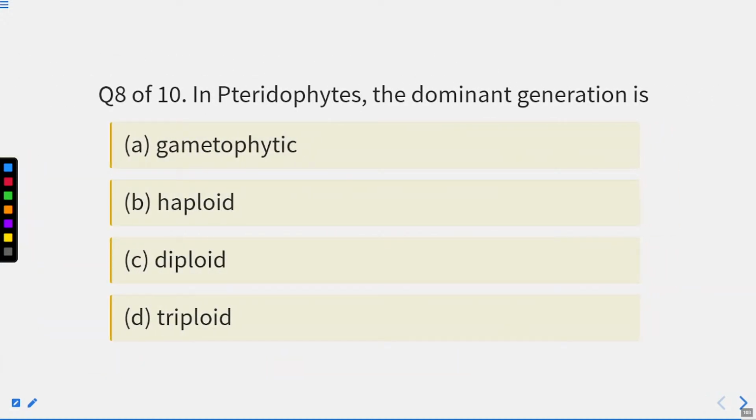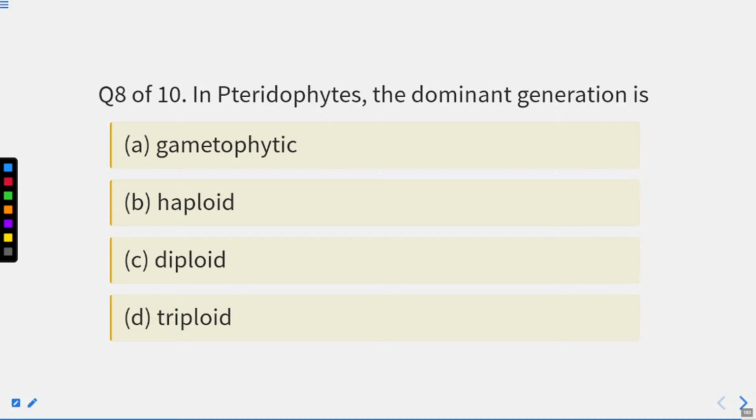In pteridophytes, the dominant generation is gametophytic, haploid, diploid, triploid. It seems that these questions are easy, but you have to pay attention to what the question is asking, right?